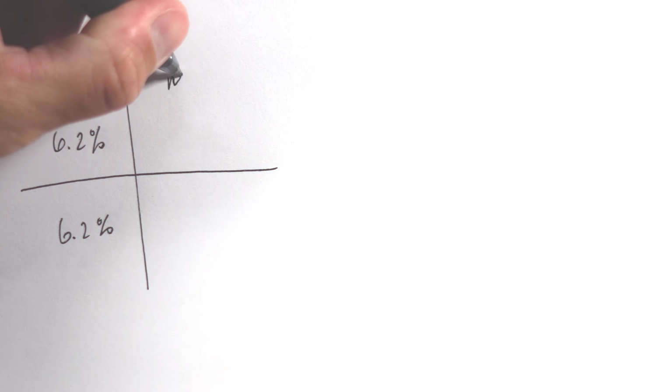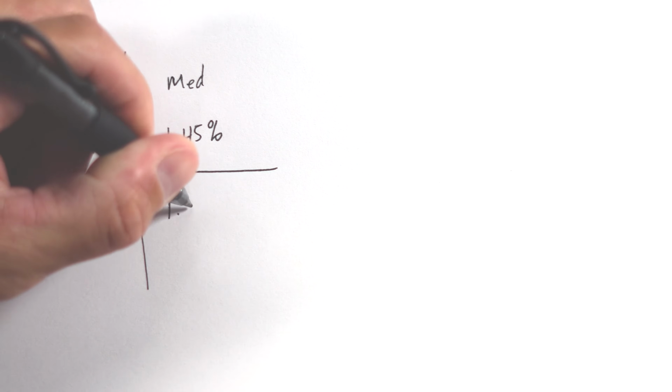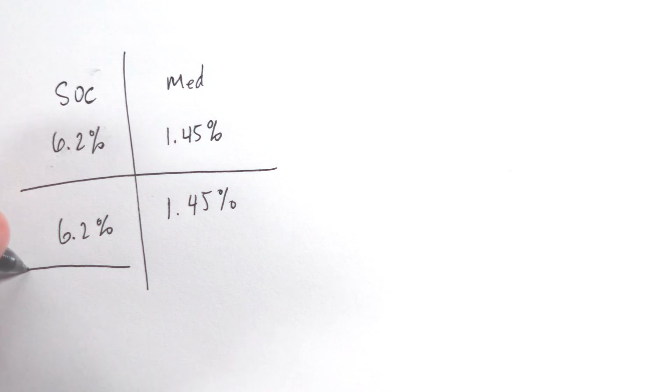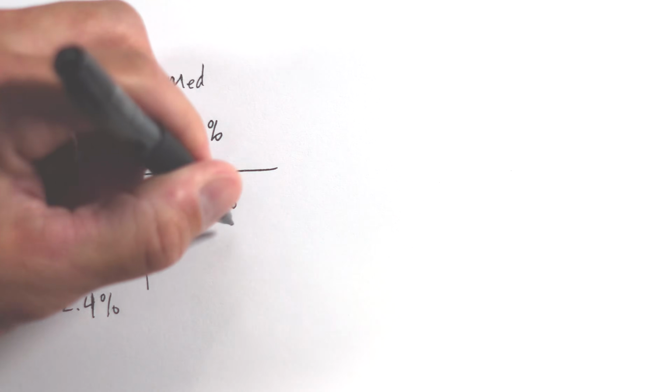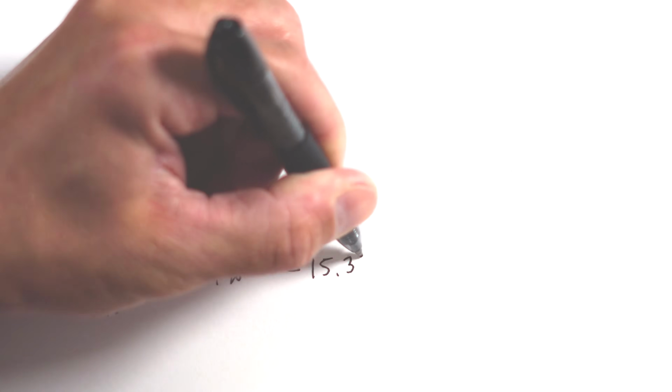And then on the Medicare side, it's going to be 1.45% for the employee and 1.45% for the employer. Now, if we add up the Social Security, that's going to equal 12.4%. And then if we add up the Medicare side, that's going to be 2.9%. If we add these two numbers up, 12.4% plus the 2.9%, that is going to equal 15.3%.